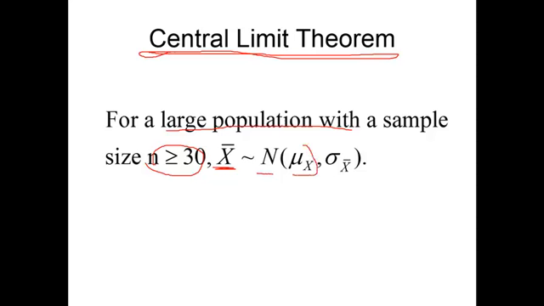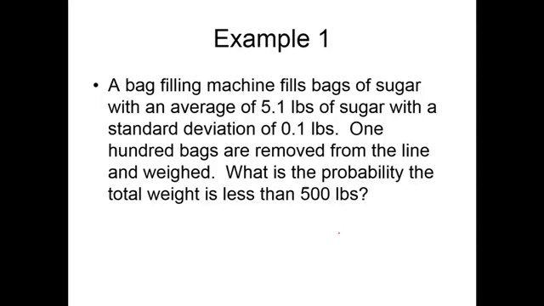It has a mean equal to the mean of your original random variable, and a standard deviation equal to sigma sub x bar, but remember, sigma sub x bar is sigma sub x over the square root of n. Okay. All right.